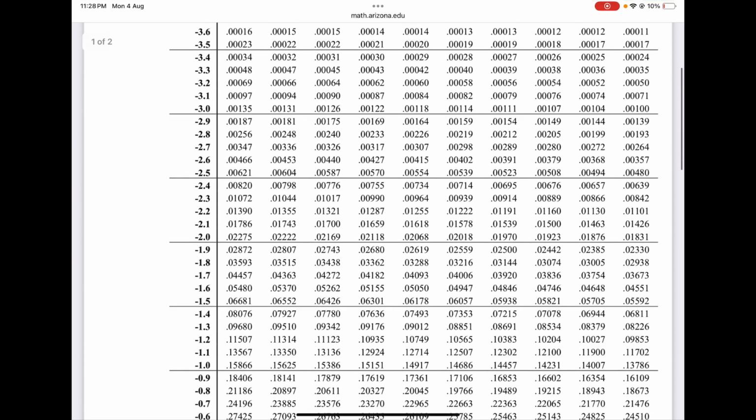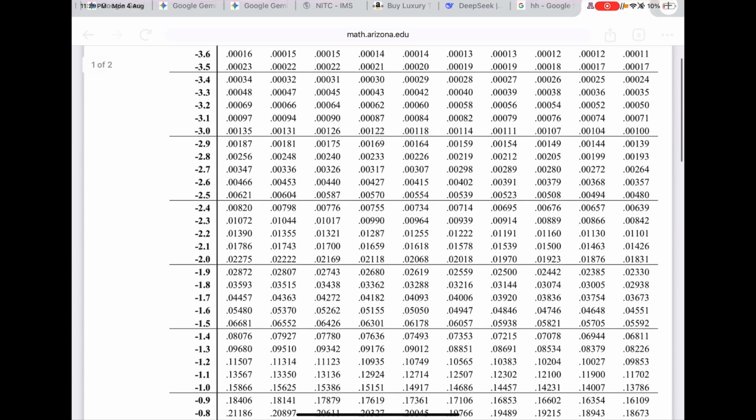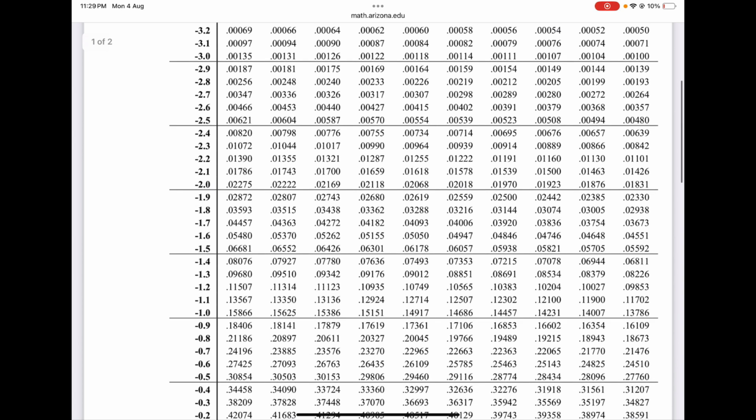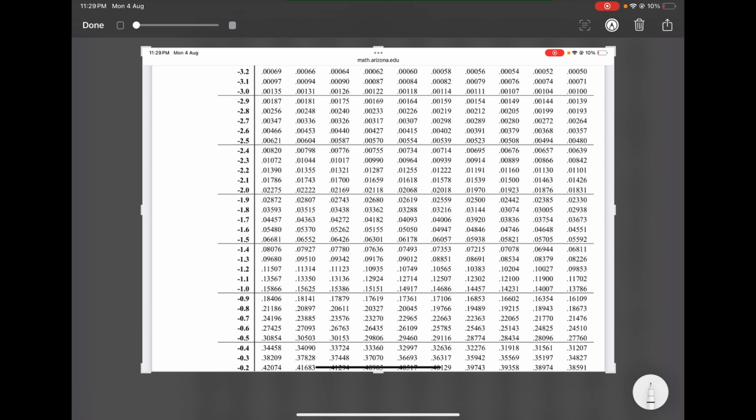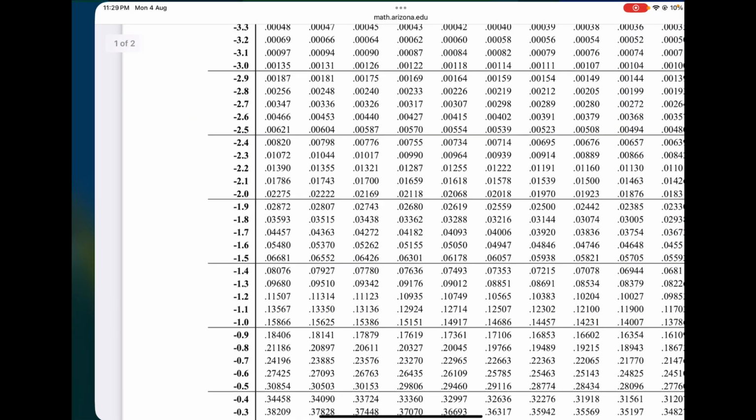It corresponds to minus 1.64. So Z is minus 1.645 and also the positive value is 1.645. So Z lies between minus 1.645 and 1.645.